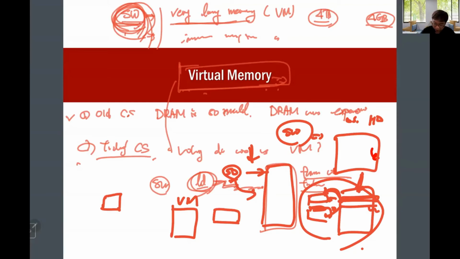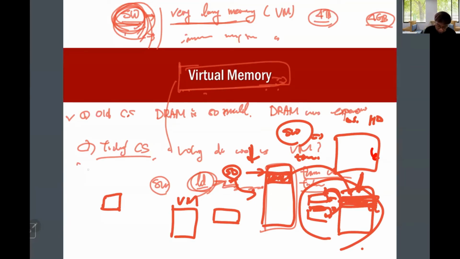This virtual memory space is mapped to the physical memory space, and this translation is supported by the operating system and hardware. So this is the virtual memory concept.